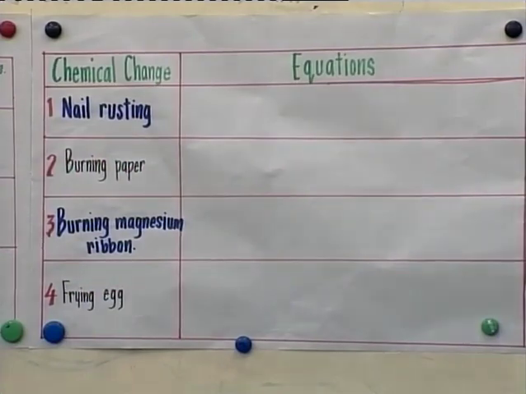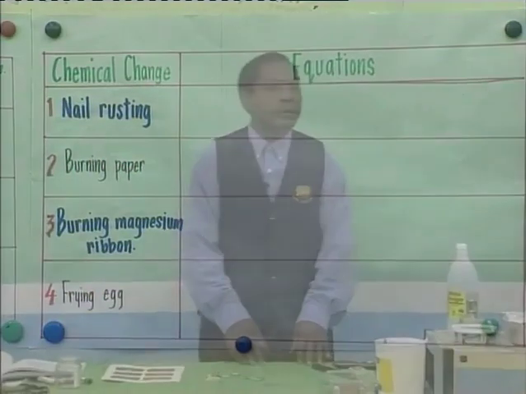Okay, receiving students and class, by now you should have copied down those two tables.